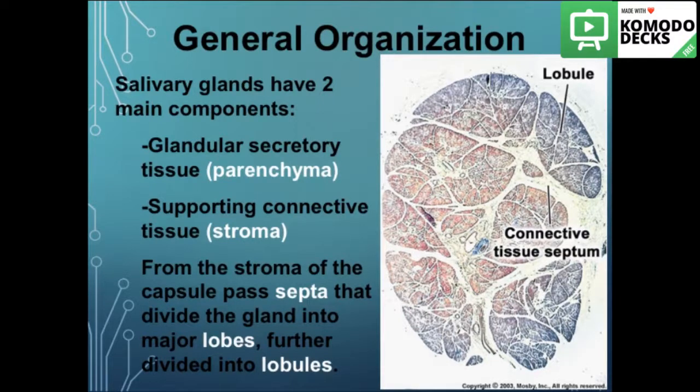From the stroma of the capsule, a connective tissue capsule, we have septa, which divide the parenchyma into major lobes. All of this is a lobe, which is further divided into lobules, small segments.